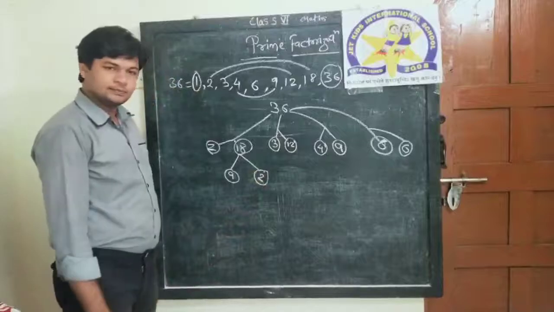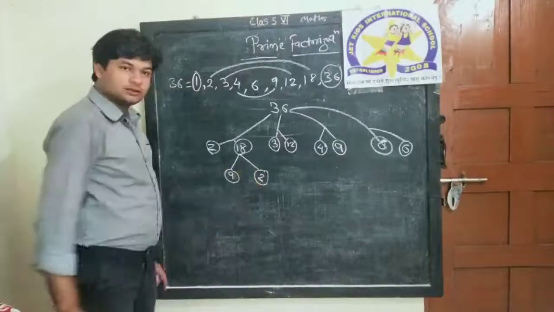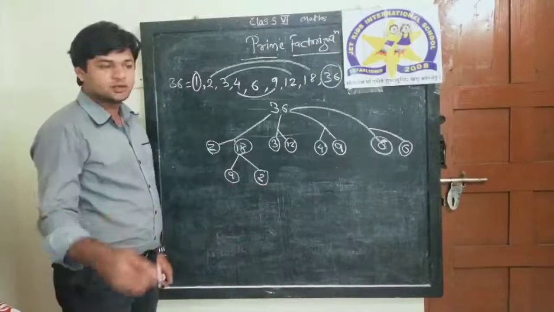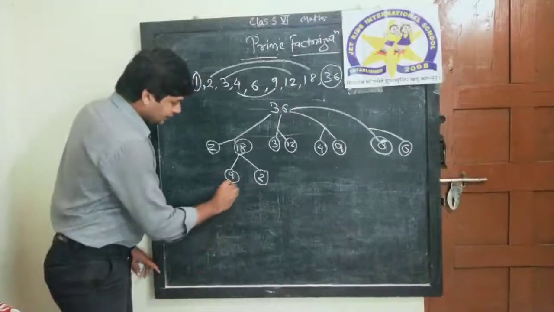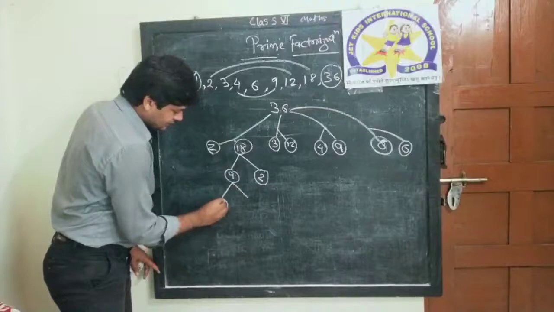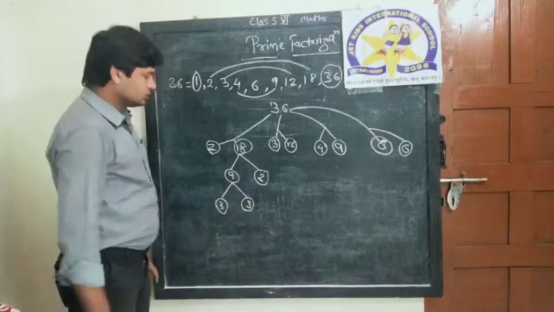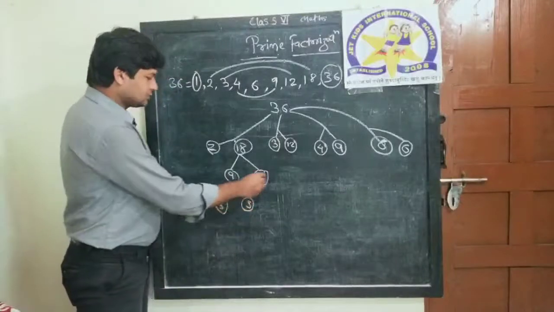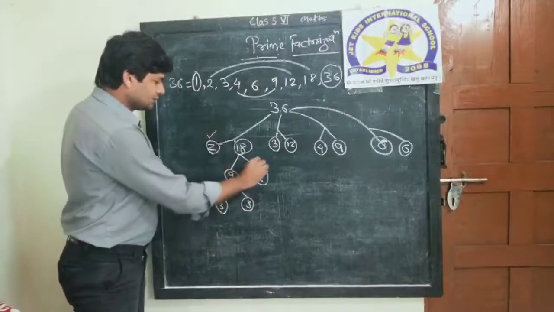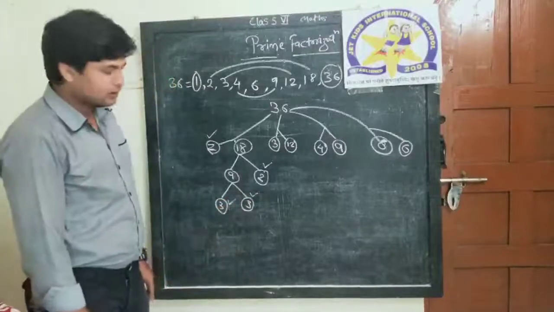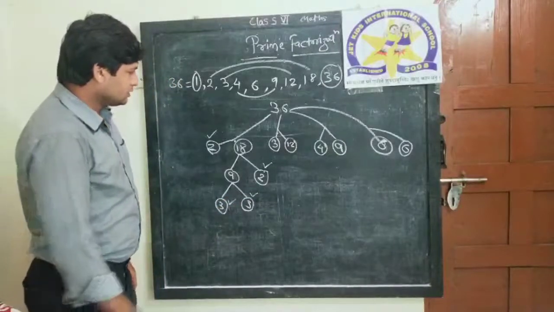Now I have one prime number, but 9 is not prime, so I am taking 9 as 3 and 3. So we are done. Here we have the factorization 2, 2, 3, 3, which are all prime. Clear? This is the first one.